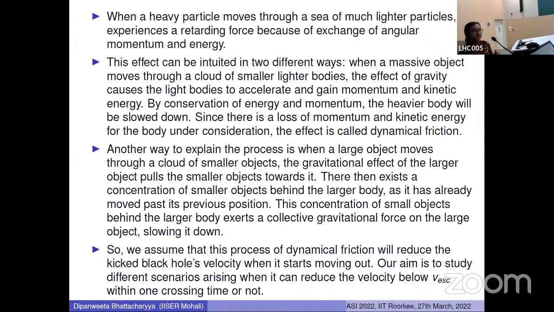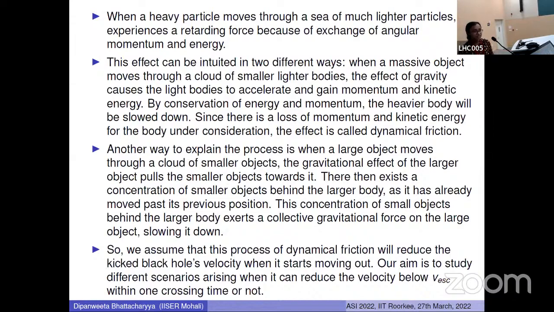It can be intuited in another way also. When a large object moves through a cloud of smaller objects, the gravitational effect of the larger object pulls the smaller objects towards it. Then there exists a concentration of the smaller objects behind the object, since the larger object has already moved a little forward. Therefore, the concentration of the smaller objects behind the larger body exerts a collective gravitational force on that larger object, which is called a drag force, and it slows it down.